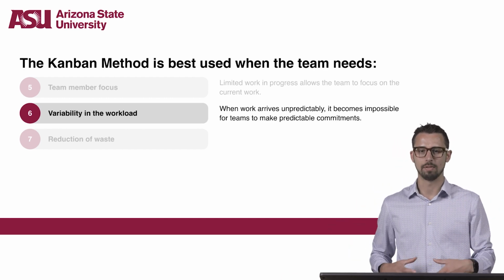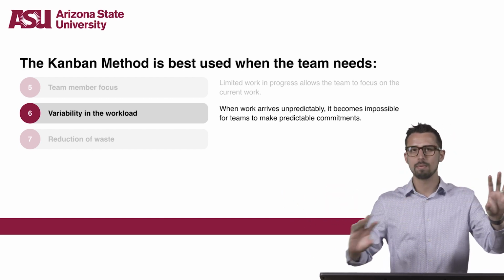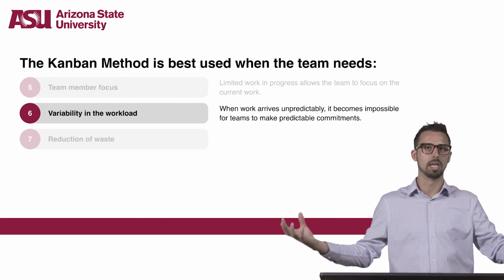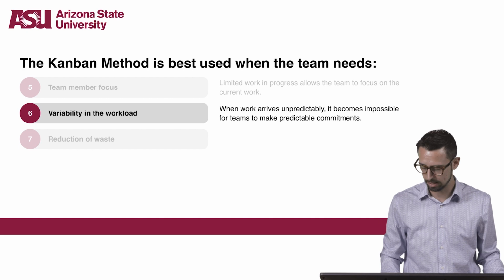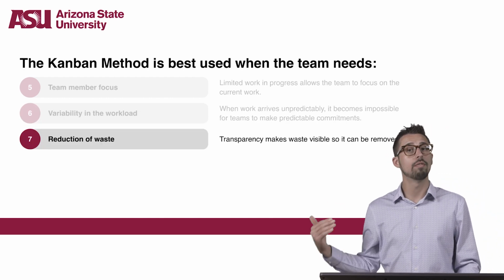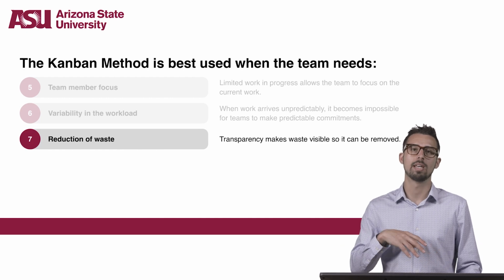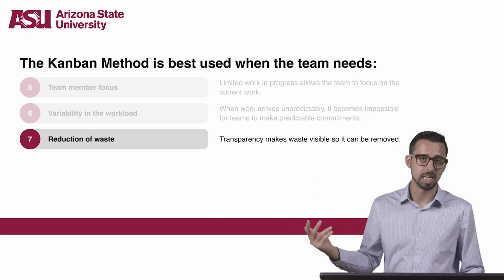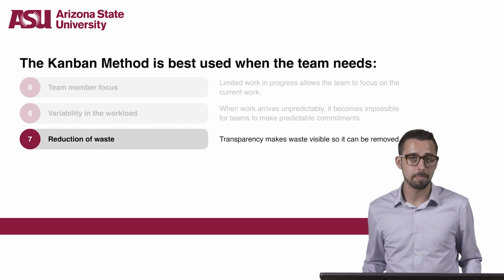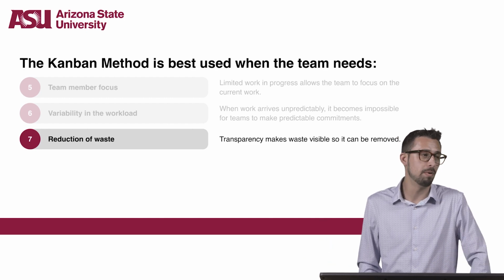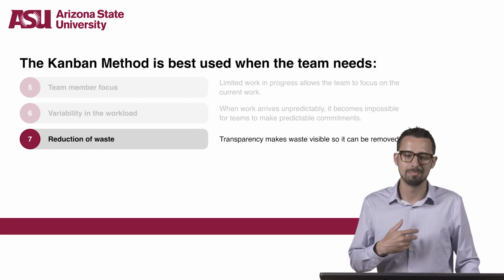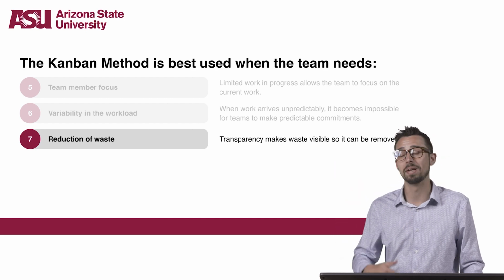So Kanban helps line that up within the workflow so that no one's working on any sort of ancillary tasks. And then reduction of waste. Transparency makes waste visible so it can be removed or eliminated, and maybe not by the person who is being wasteful. It can be eliminated from the top down or even from the bottom up.